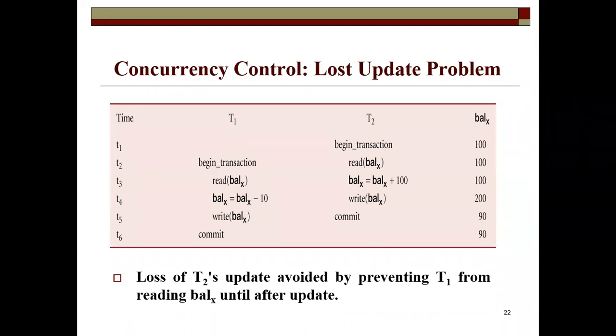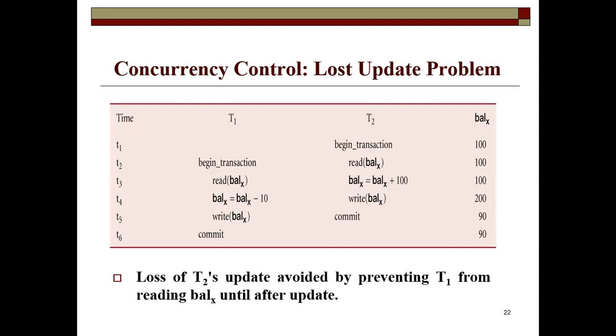The problem here is reading. When T2 is reading, he reads 100. And when T1 is also reading, he reads the 100. So when T1 is withdrawing and withdraws 10, he will assume the balance is 90.